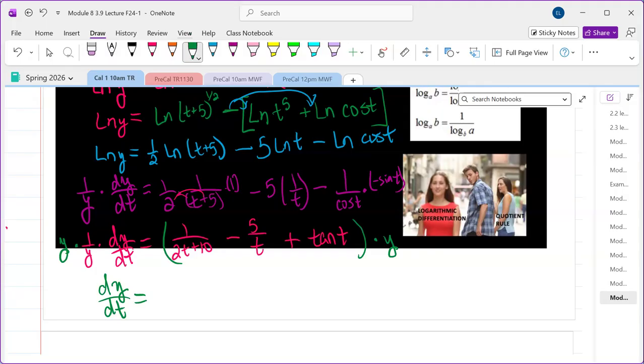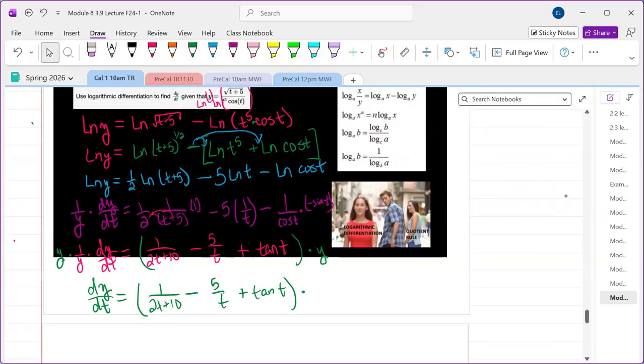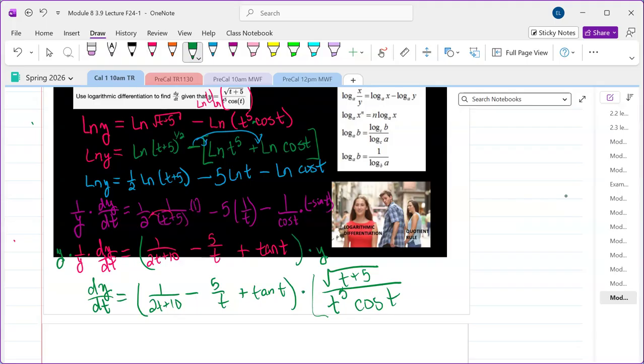So dy dt equals the 1 over 2t plus 10 minus 5 over t plus the tangent of t times, and then it's y, so I'm going to go back and just copy what y was. The square root of t plus 5 all over t to the 5th cosine t. That's our derivative.